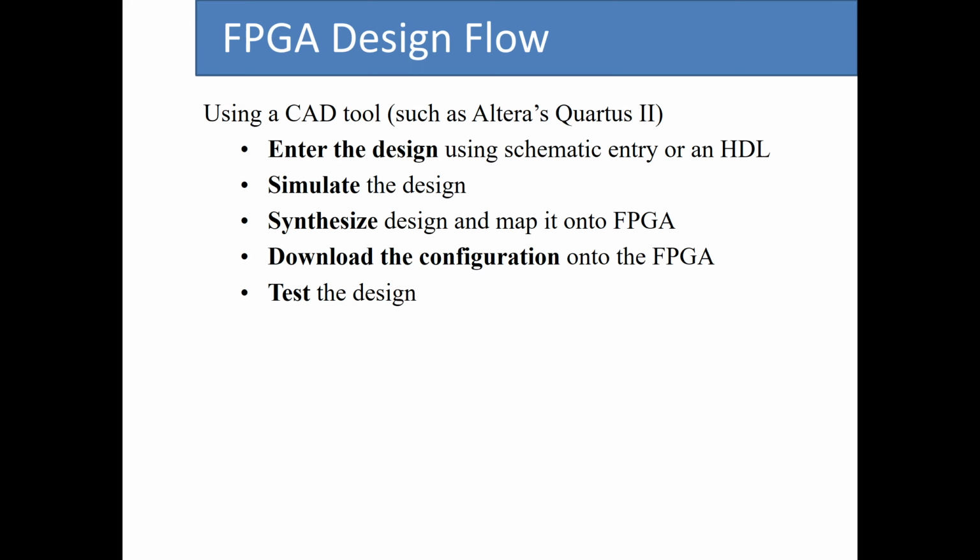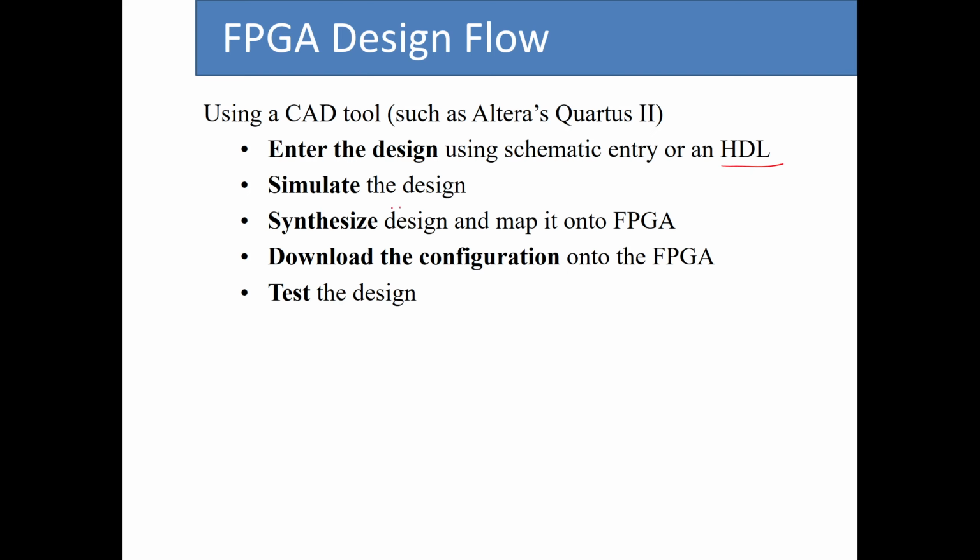The general design flow in FPGAs consists of several steps. We usually use CAD tools such as Altera's Quartus 2. The first step is to enter the design either using a schematic entry or using an HDL.